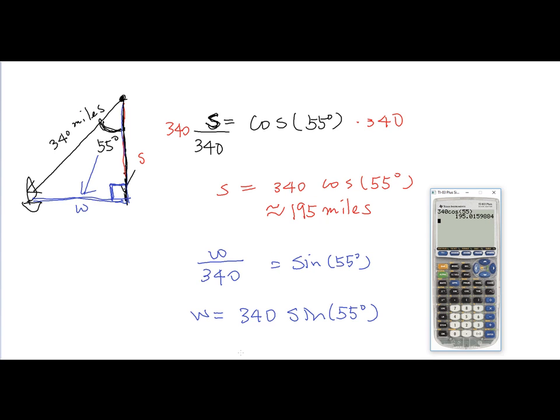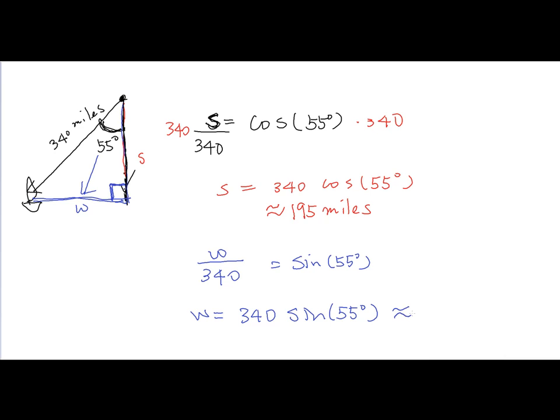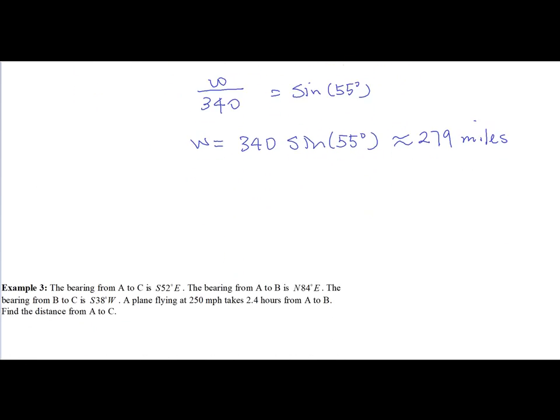Calculating 340 times sine 55, that's about, rounded to a whole number, 279 miles. So that is the first example, which asks for the direct south distance and direct west distance the boat traveled. Now let's look at the next example.